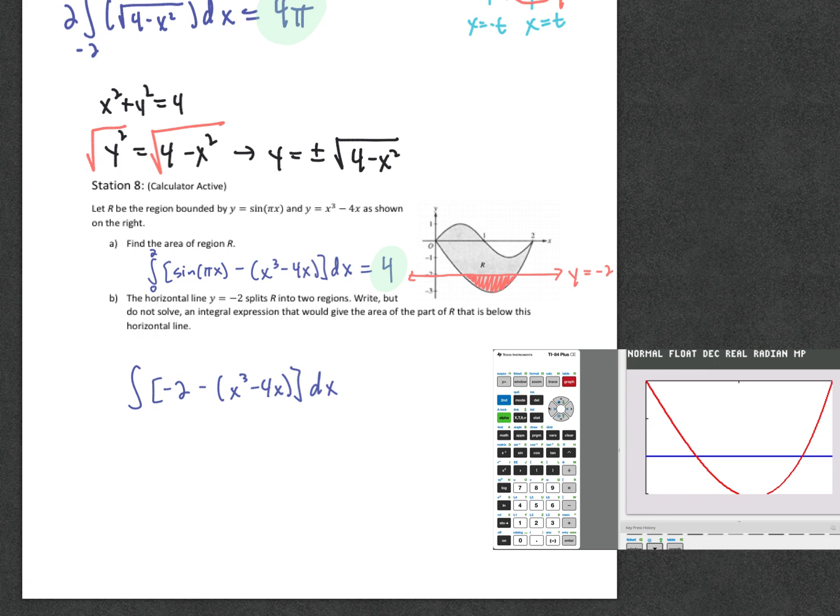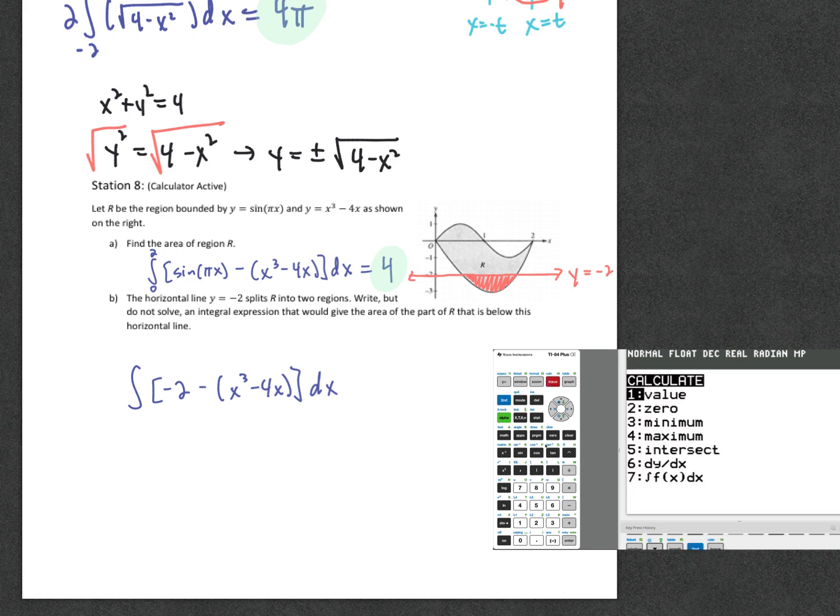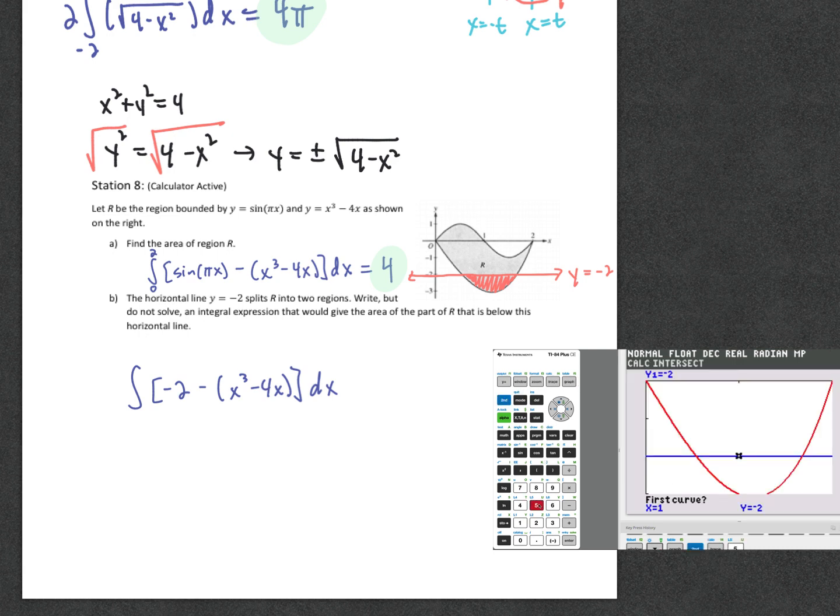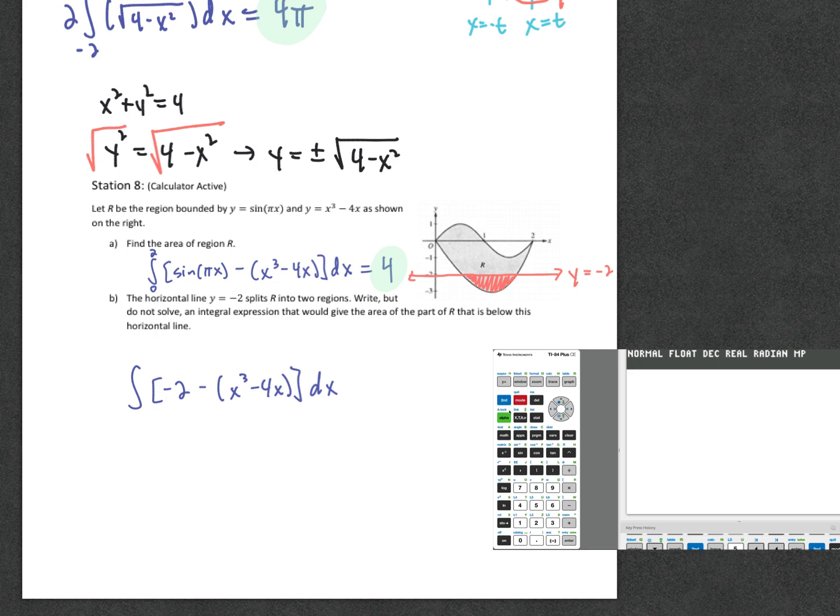Okay, and then we'll go back to a blank screen, second quit, hit store, clear since we didn't get answer, store, and we'll store that x value as A. Okay, do the same thing, second trace calc, calculate the intersection, number 5, go to the other one, hit enter 3 times once we get close to the other one, and then we'll store that other x value as B. Okay, second quit, store, we get answer so we don't have to clear, second B, alpha B. Okay, and so now those are our limits.